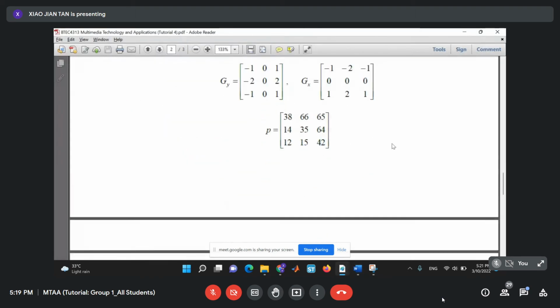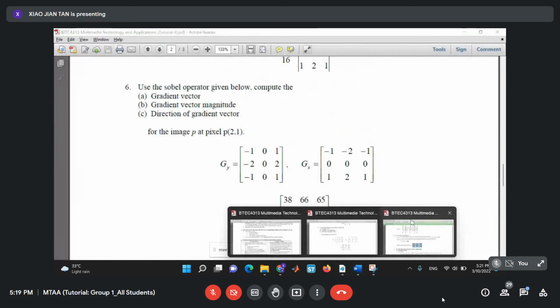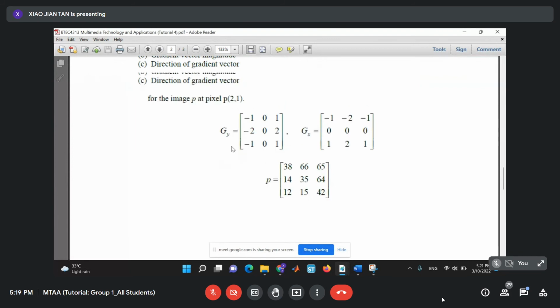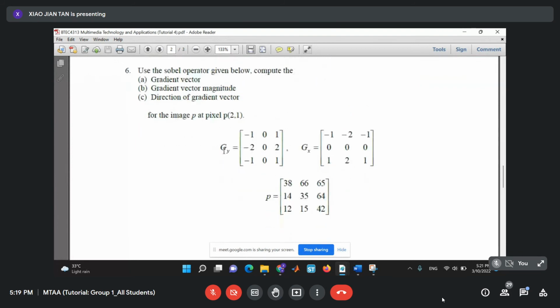So for this one, first of all, for question A, you need to calculate the gradient vector, Gx and Gy. Remember, the given values are Gy and Gx.